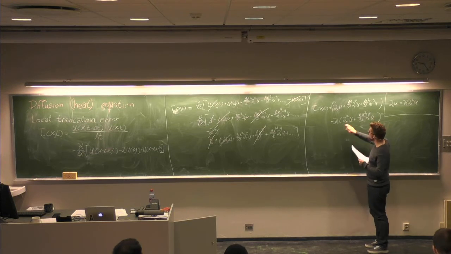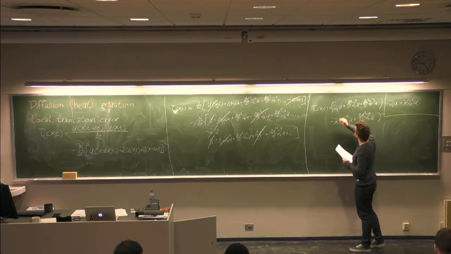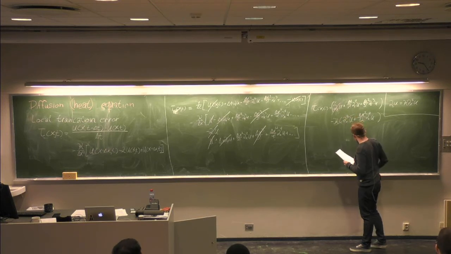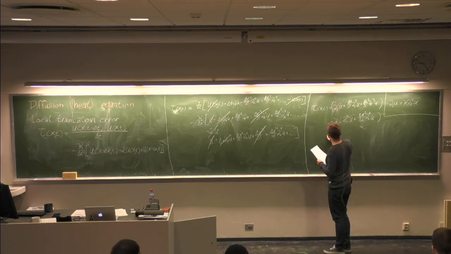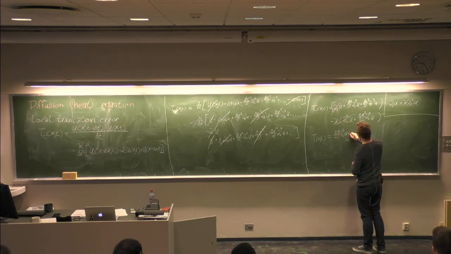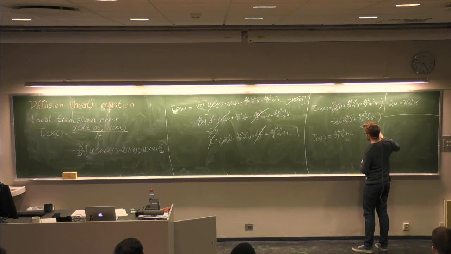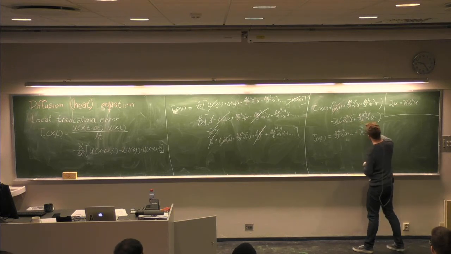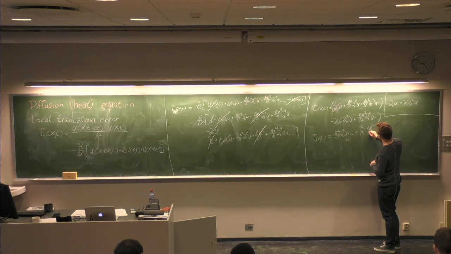So if you write this out, you see that this one and this one cancel, so you're left with delta t over 2 factorial dt squared u plus something which we don't really care about, minus kappa delta x squared over 12 dx to the fourth u plus something.